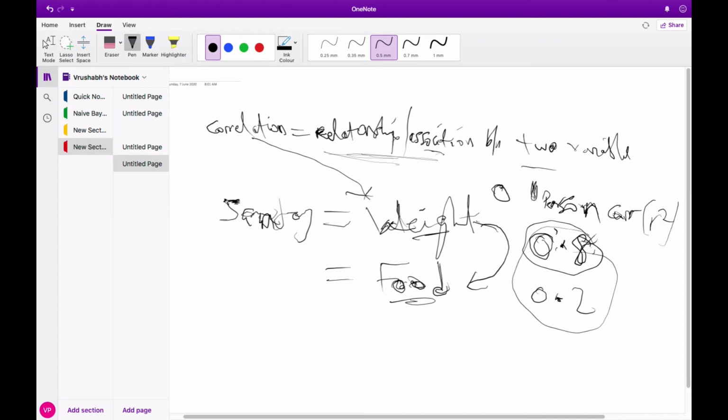If the value is closer to 1, like 0.8, then we can say that these two variables are highly correlated. However, if the value is closer to 0, then they have a low correlation. So that's what correlation helps us do: give us a quantified measure like this.